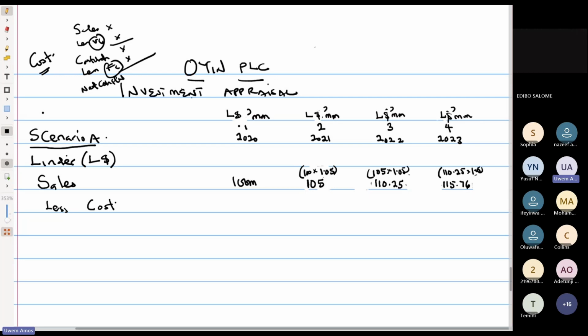Okay, so let's go to our question and see what the cost is that we're given in the question. Don't forget, we are in Linda. So all of our computation would be in Lindarian dollar. When we're done with Linda, we can then convert the fund into Naira. So let's go right back to our question.